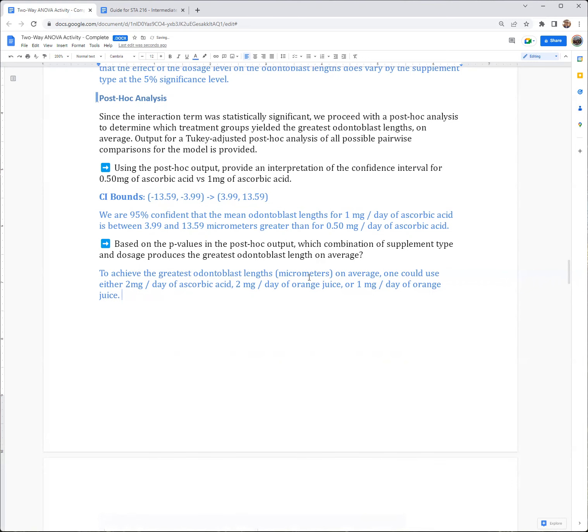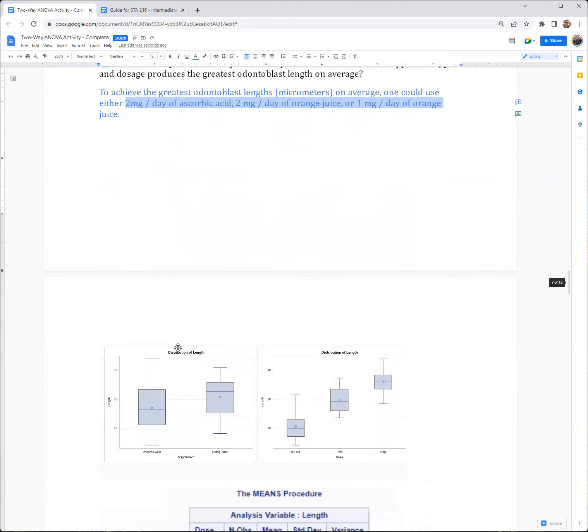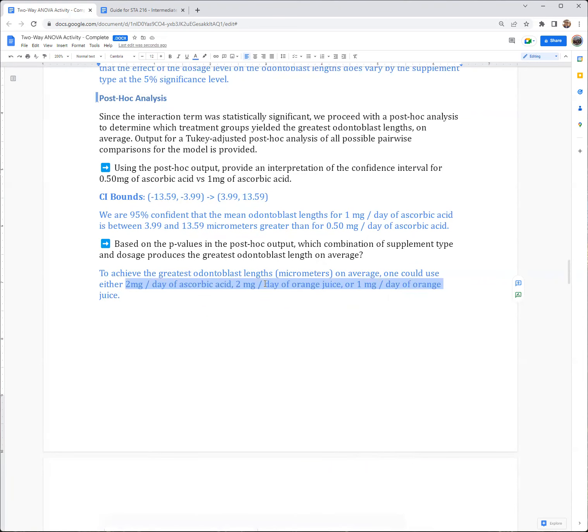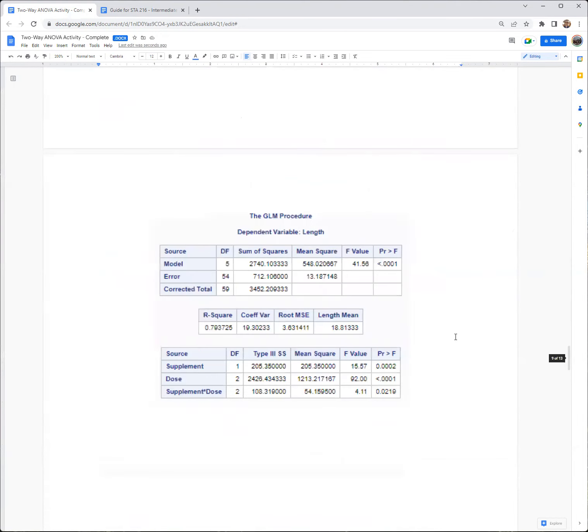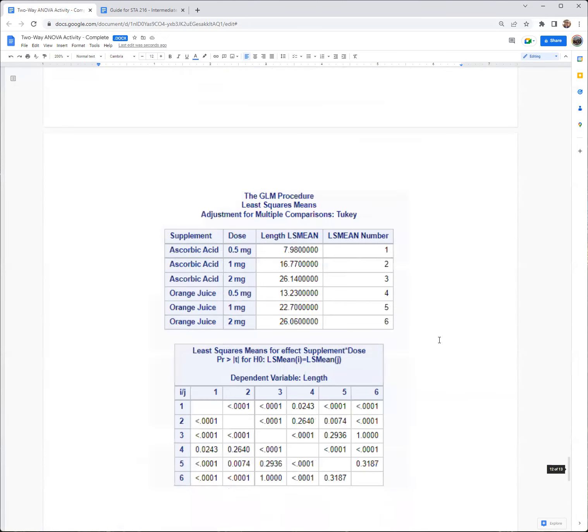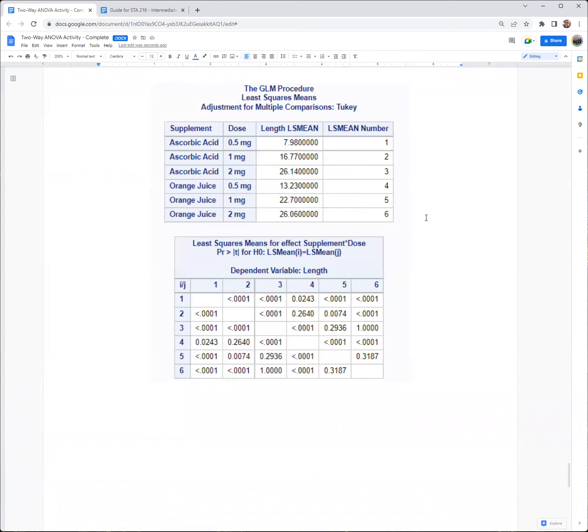Okay. And let's make sure that those were different than the other groups as well. So 2 milligrams of ascorbic acid was higher, but what about these other two groups that we mentioned? The orange juice ones. Okay, those are groups 5 and 6.